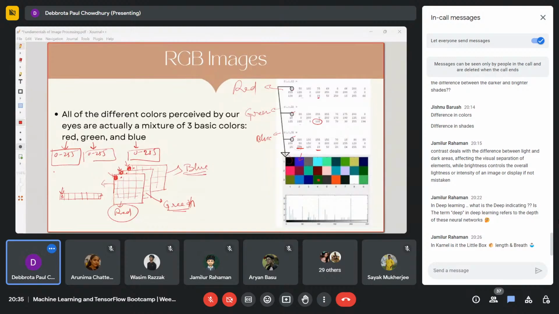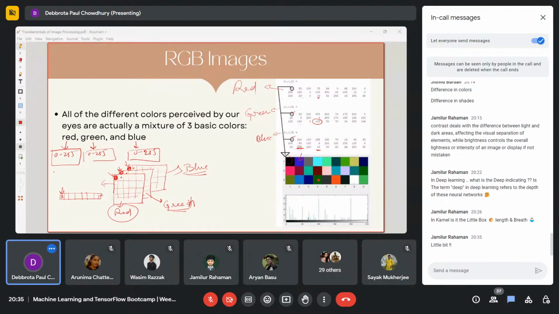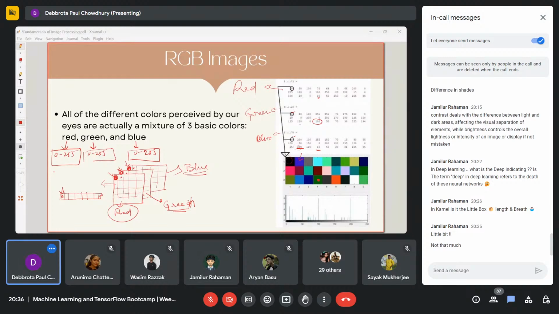So you are saying the term deep in deep learning refers to the depth of neural networks. Okay, let me tell you. Yes, in a neural network the depth is how many hidden layers there are. In a neural network all the layers are fully connected, always. But in deep learning we use the concept of kernels and filters.